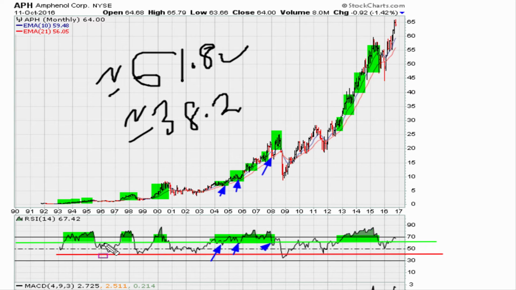Now quickly though, take a look at periods where the stock was unable to move back above 61.8. You had the resistance here on this green line about 61.8 for the highs right there. You can see them because it's kind of squeezed in there. There was an attempt to move above 61.8 here in mid 2000 for the highs there, and a huge drop.